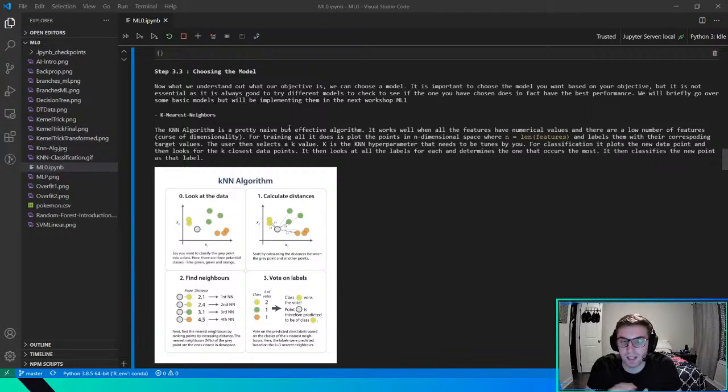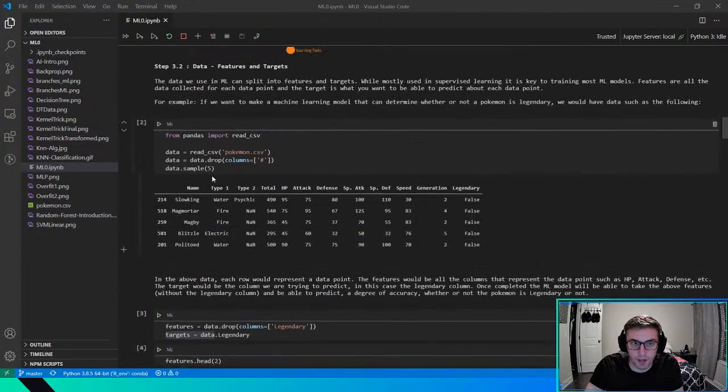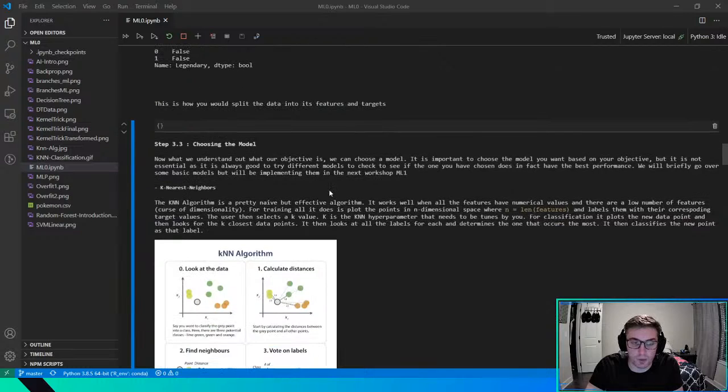I don't want to get too in depth, but when you have a lot of features, for example an image that's 400 pixels by 400 pixels with 3 channels, you're going to have 400 times 400 times 3 different inputs, and that can be very confusing to the machine learning model because it's a lot of numbers. While a low number, like what we have here, which is, how many do we have? 1, 2, 3, 4, 5, 6, 7, 8, 9, 10, 11 features, is relatively small, so that's good.